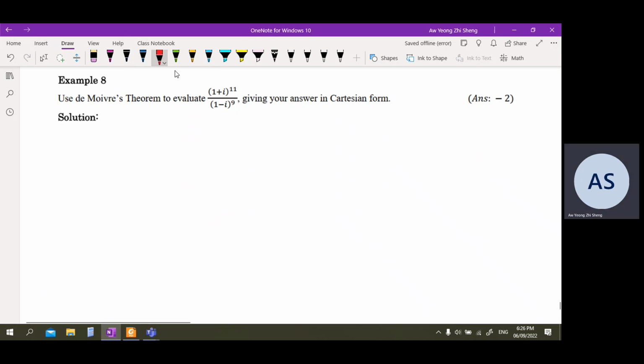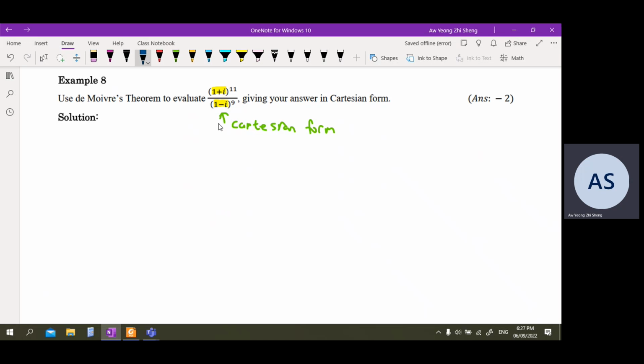The problem here with this question is that the complex numbers that we have, the 1 plus I, 1 minus I, are in Cartesian form. So we cannot apply the Moivre's theorem yet. And also, we wouldn't want to expand the power 11 and power 9 using binomial expansion because it will be such a pain to simplify.